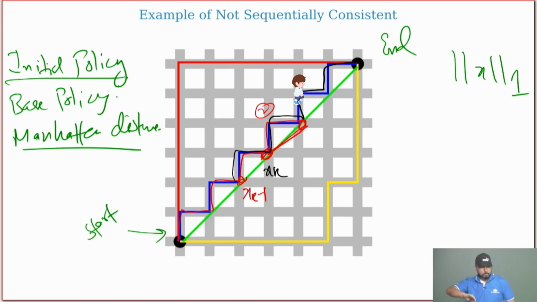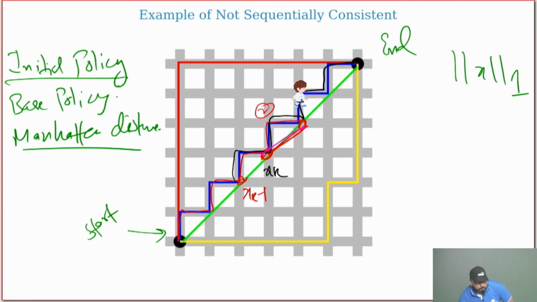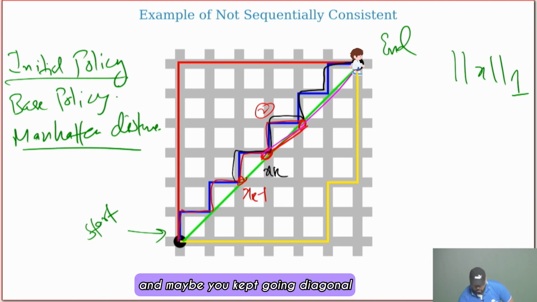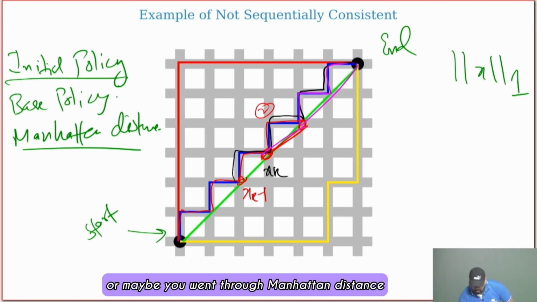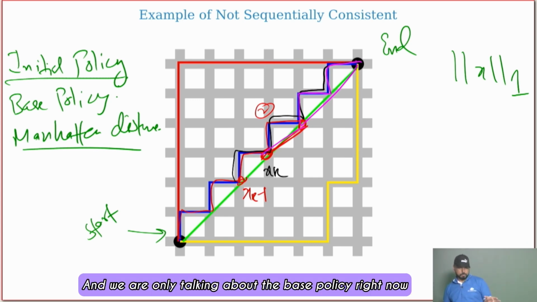But if you are at xk, then you went diagonal, and maybe you kept going diagonal, or maybe you went through Manhattan distance. So there is an inconsistency in your policy. And we are only talking about the base policy right now.